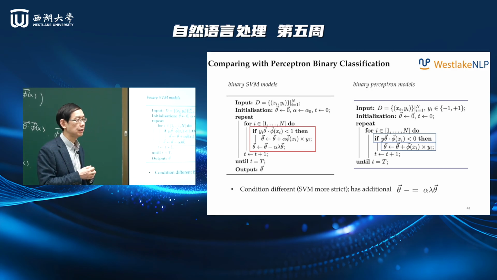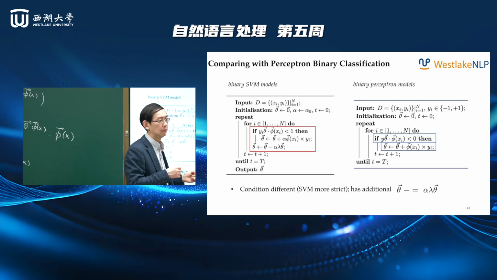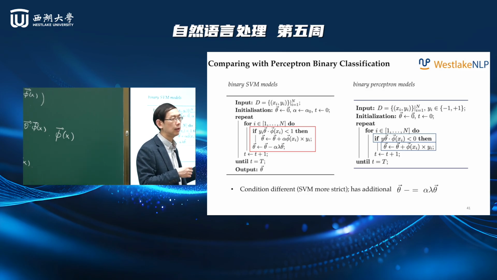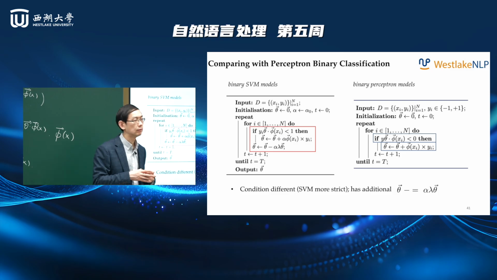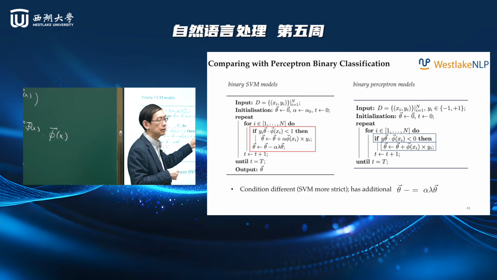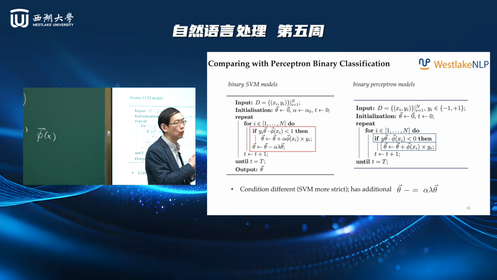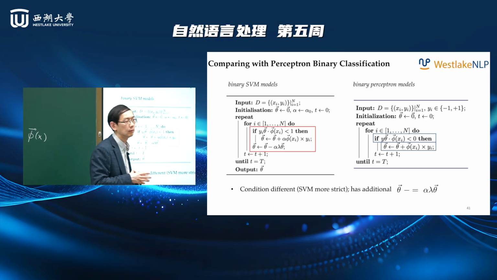SVM requires correct samples to be scored by more than 1, and incorrect samples to be scored by less than -1. But perceptron is more generous. Perceptron requires that as long as my model output is correct, it requires the gold to be scored more than 0, the incorrect one to be scored less than 0.